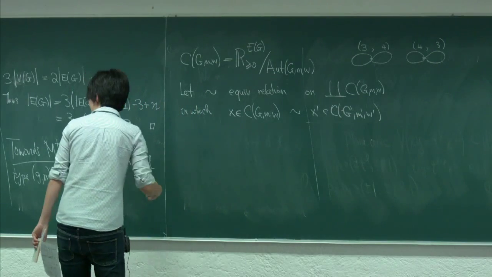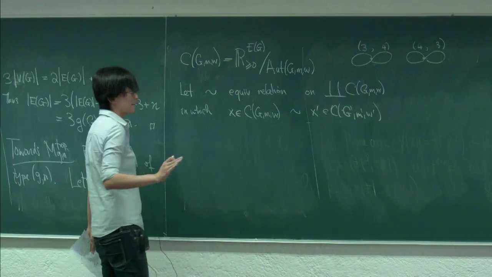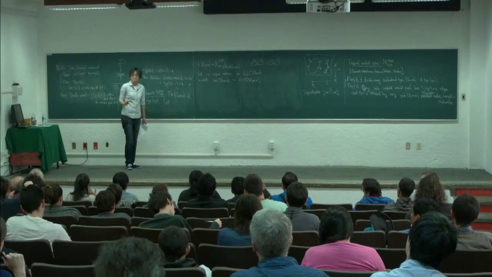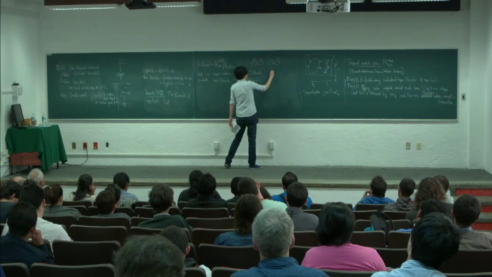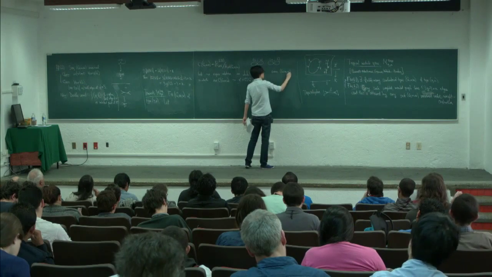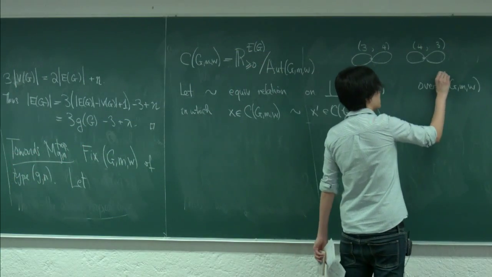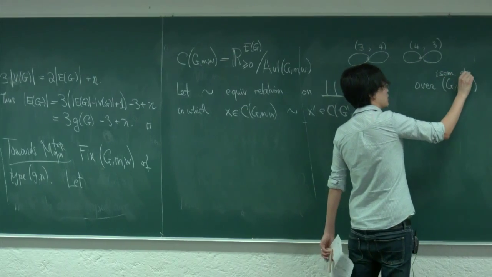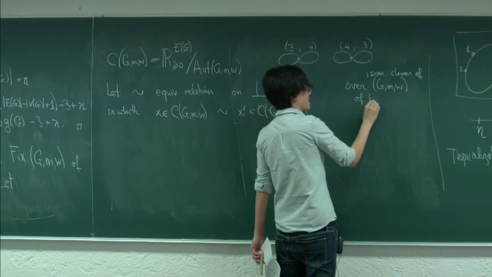Actually, let me take the equivalence relation generated by these. This disjoint union is over all the graphs of type Gn. Ah, yes, thank you. So this is over isomorphism classes of combinatorial types of type Gn.